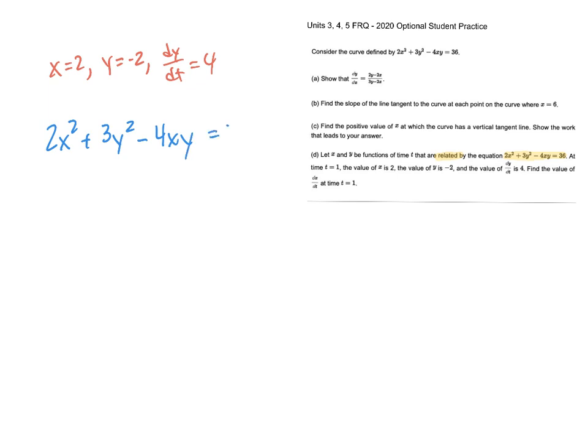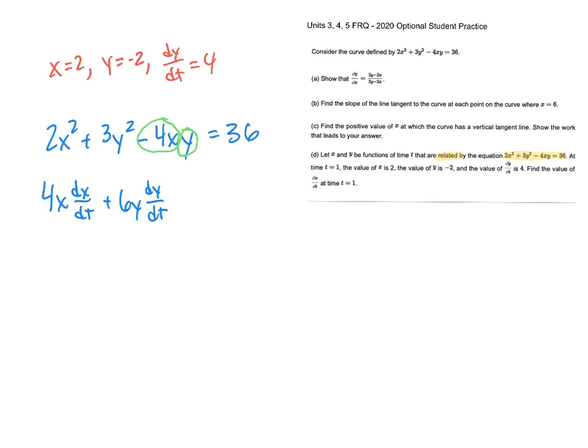And this is still a product here. Negative 4xy is still a product. Okay, so we start taking the derivative. This is going to be 4x dx dt due to the chain rule, plus 6y dy dt due to the chain rule. Remember, I'm treating this as a product, and I keep the negative 4x as one of my factors, and the y as my other factor.